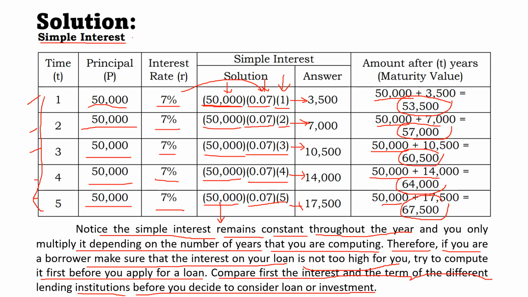So those are considerations that we need to consider: the rate of interest and the term of payment, on how long we're going to pay as a borrower to the lending institution or the lender or creditor.